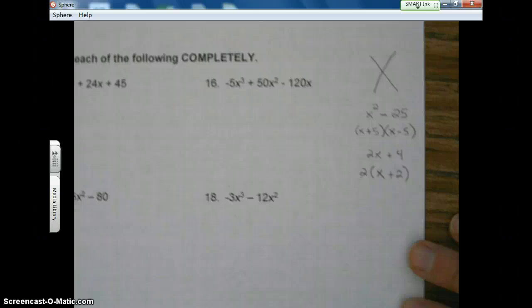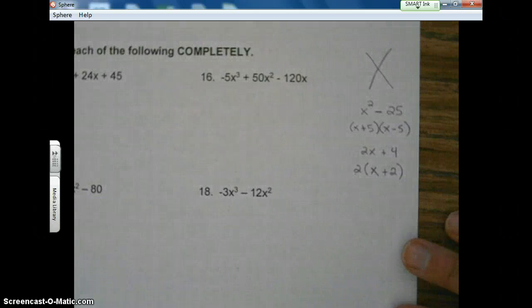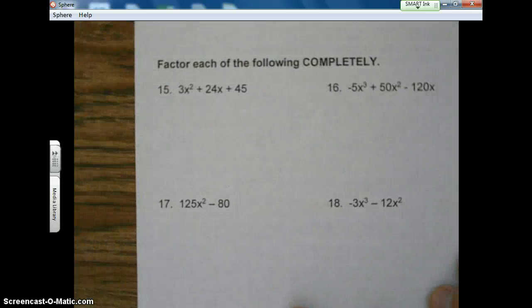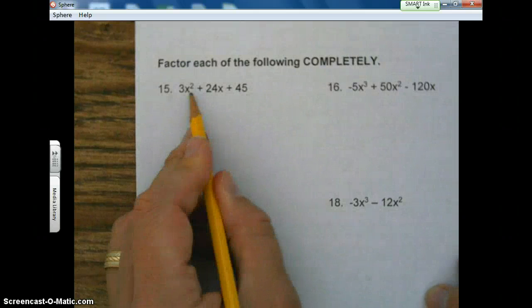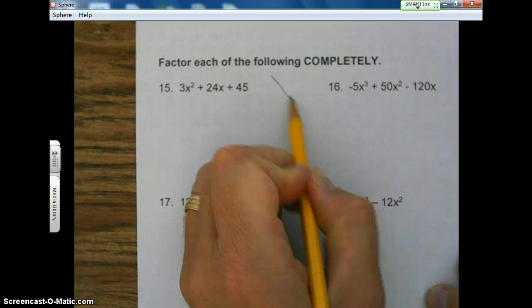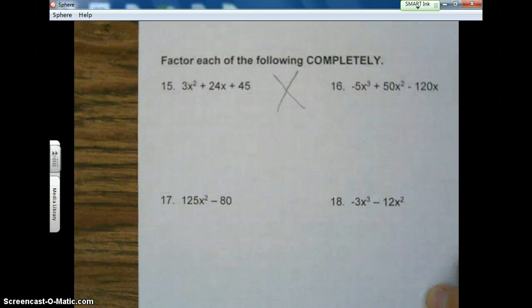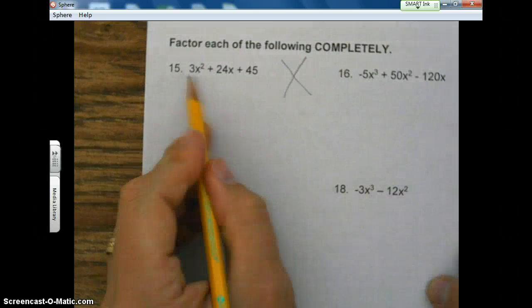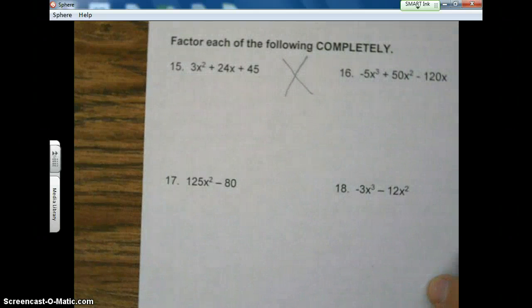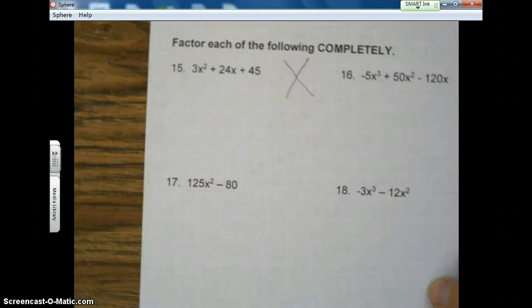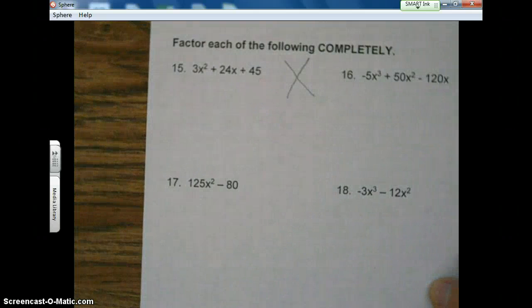So we have some tools in our toolbox. So when you look at this, you may say, I'm going to use the x factor. Or you might say, they're all divisible by 3. So it just depends on what you see.